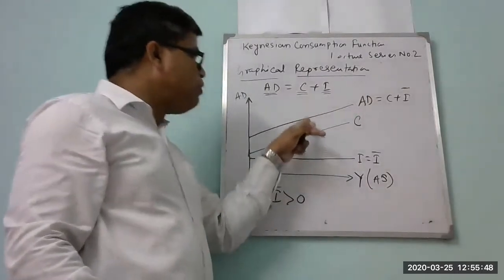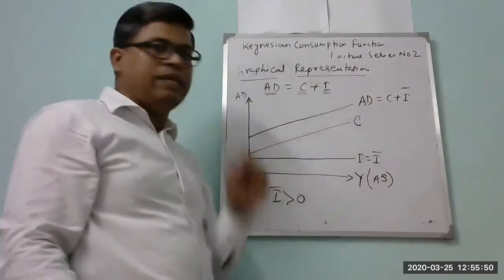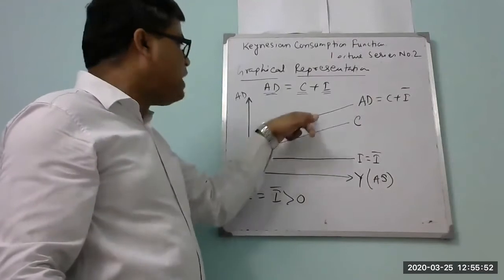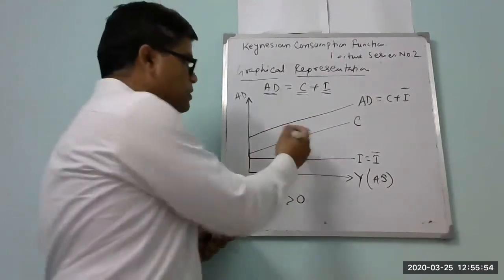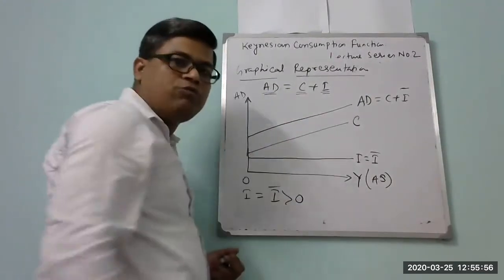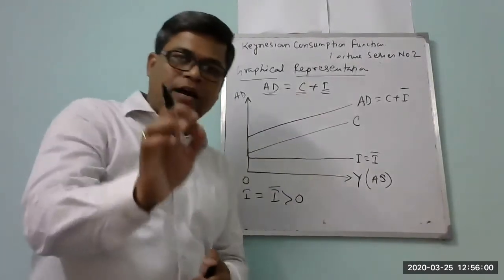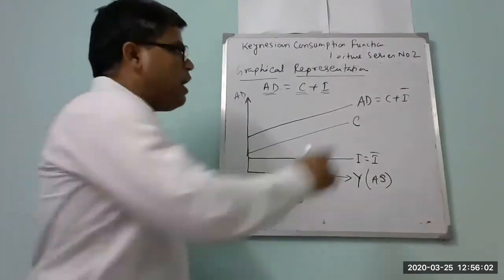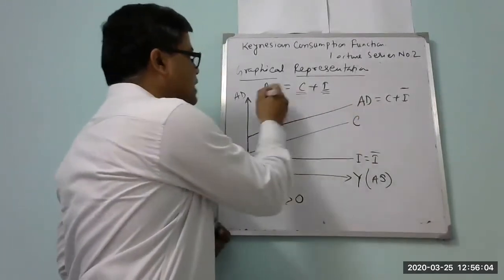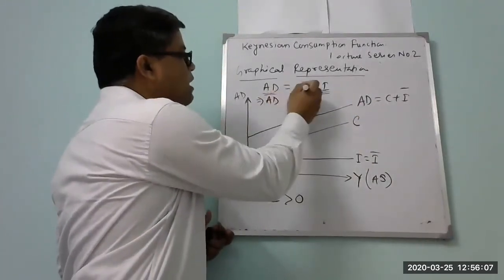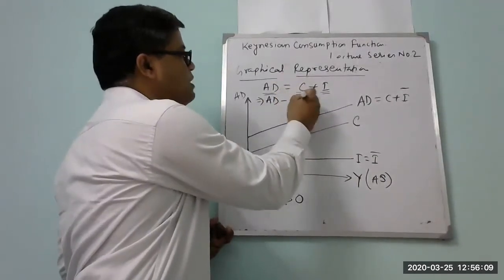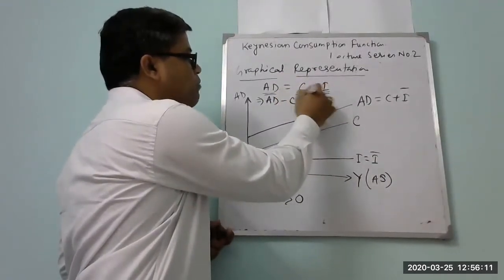Now look at the gap between C and AD. The C and AD are parallel to each other. The question is why these two are parallel to each other. The answer is very simple: the gap between AD and C, if we write down AD, transfer C to the left hand side, this is I, and now I equals I bar here.